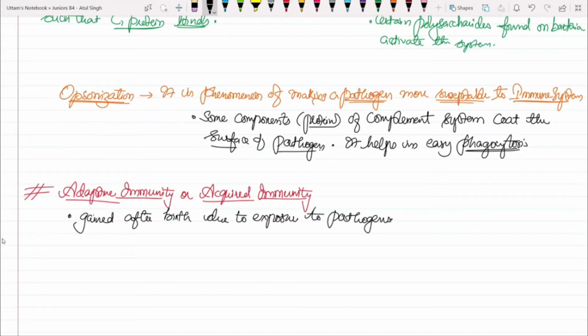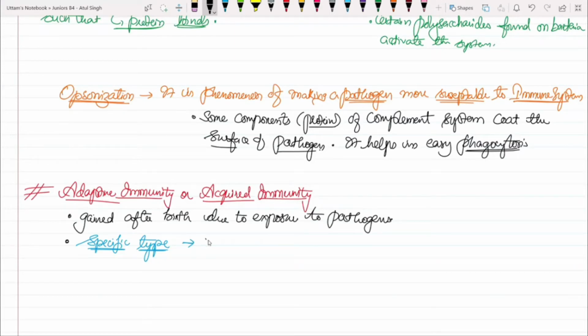And will it be specific or non-specific? It is a specific type. Specific type in the sense a specific response, or a special type of response, will be there for a single type of pathogen.